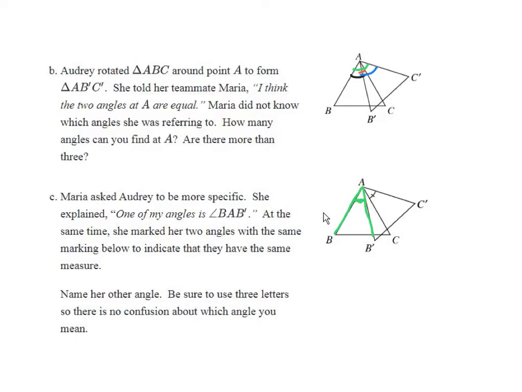So then she was talking about C prime, A, C, and that's how she showed that those 2 have the same measure. Name the other angle and be sure to use the 3 letters. And so we always name an angle from the outside, B prime, all the way up to the angle that we're talking about, A, coming back out to what we want, C, and so this would be angle B prime, AC.